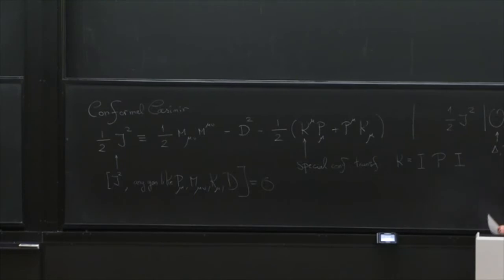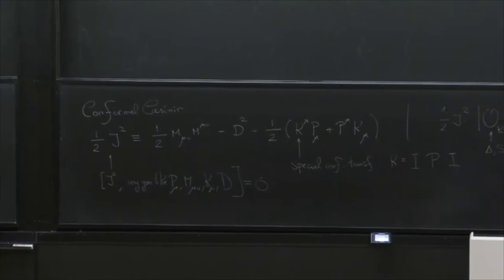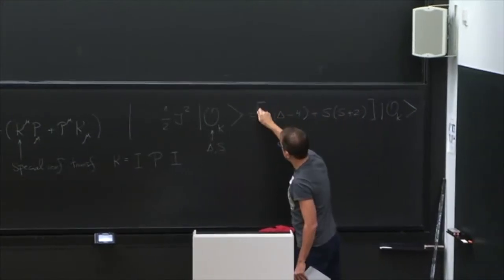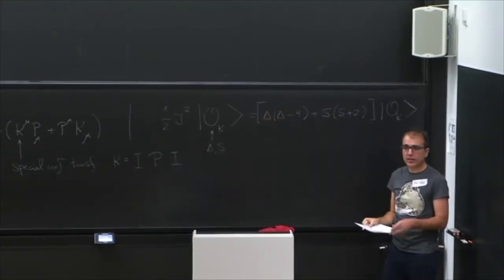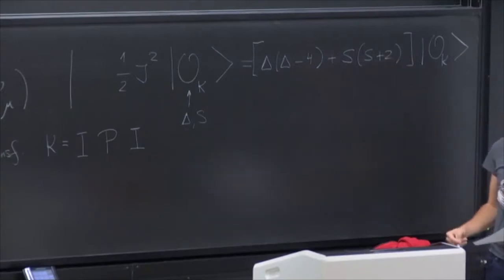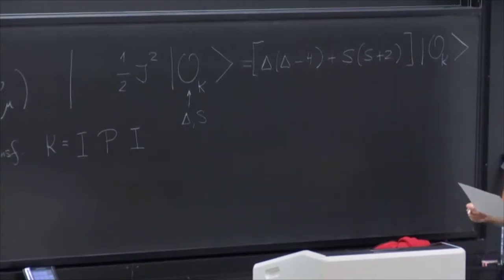It gives delta(delta minus d) plus s(s plus d minus 2), times the operator. So this is just the analog of j(j+1) acting on an operator.